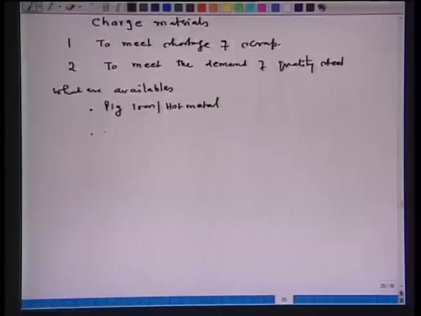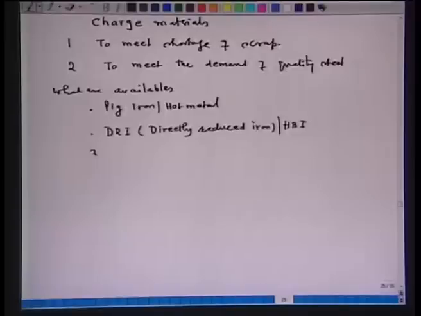Second alternative charged material is DRI, directly reduced iron. Directly reduced iron when it is produced from coal, or HBI, that is hot briquetted iron when it is produced from natural gas and then it is briquetted. Third is iron carbide, Fe3C.